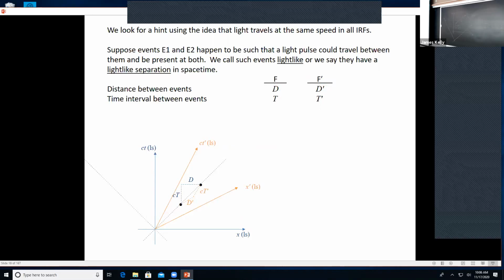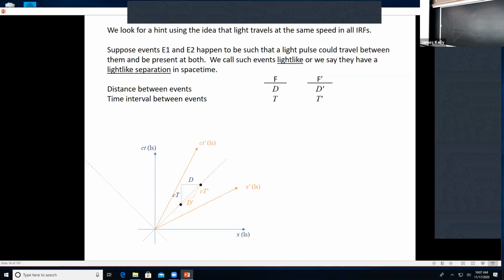Now, the easy thing for the case we've chosen, since these are light-like separated, is that if we take the distance between these two events and the time between these two events, and we divide them, it's exactly equal to the speed of light, right?